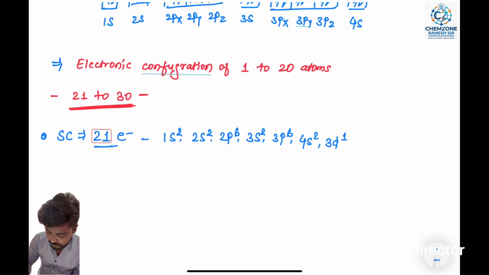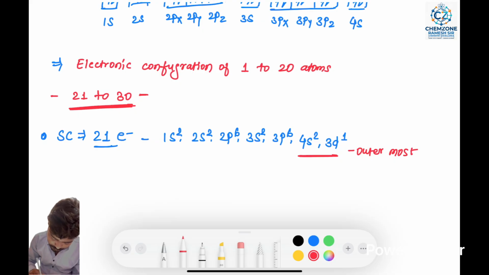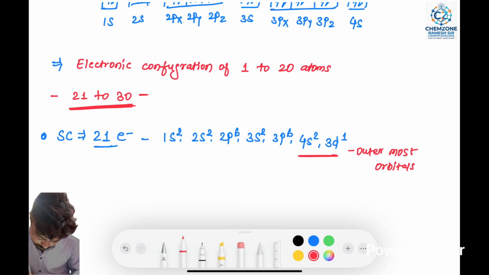So I mentioned where these types of changes happen: the last, outermost orbitals. That is what is changing in position.